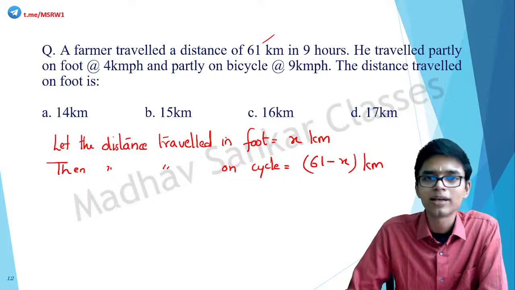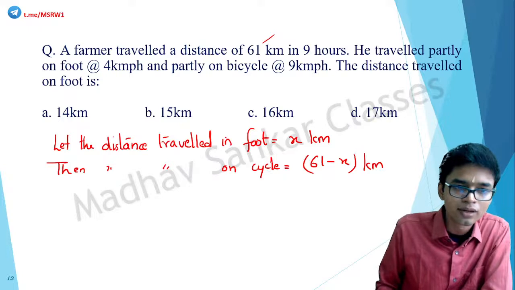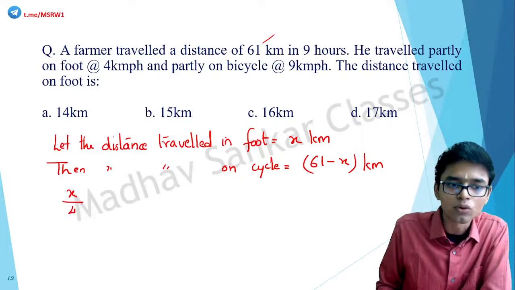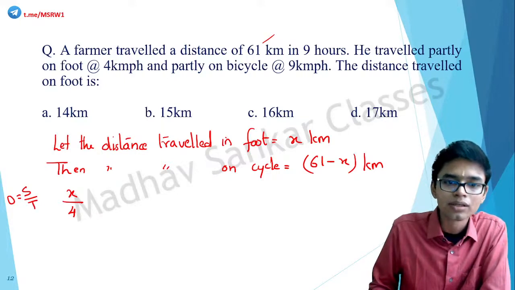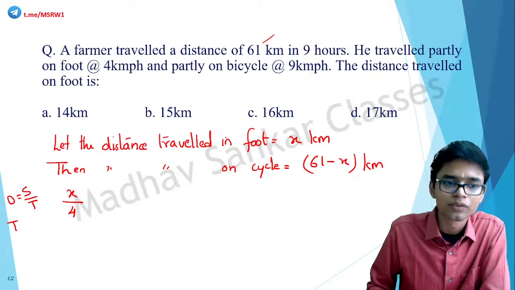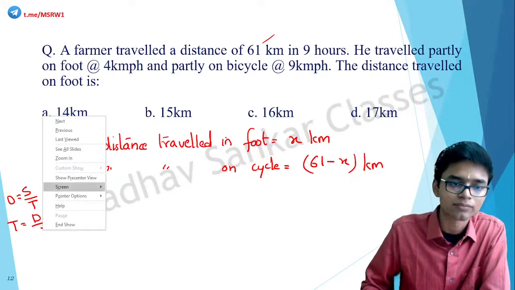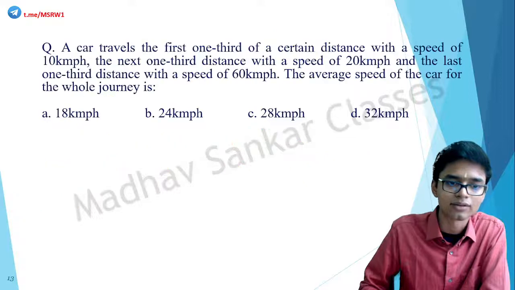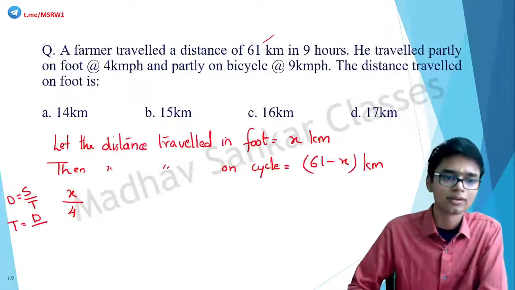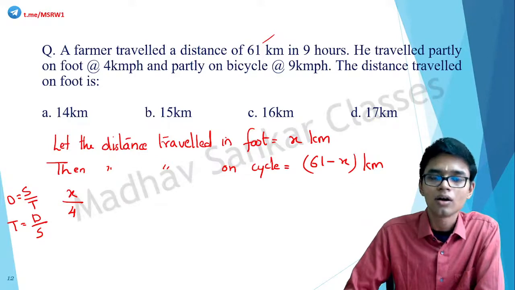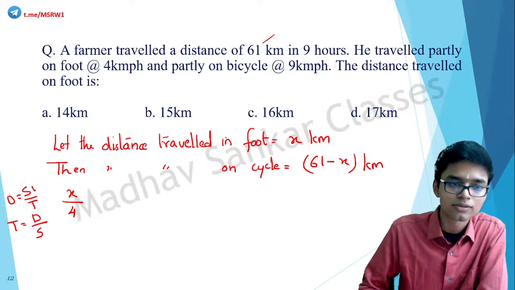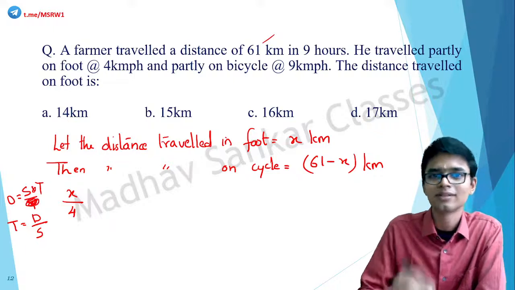All right, now simply apply the formula. Distance is equal to speed by time, or time is equal to distance by speed.